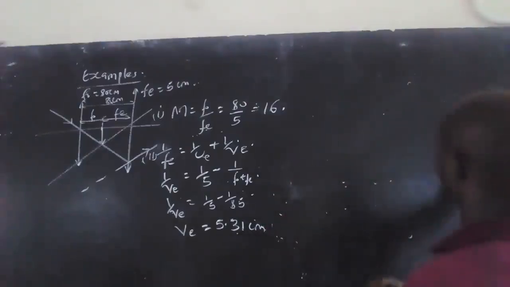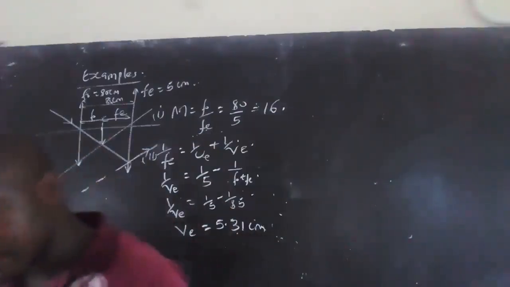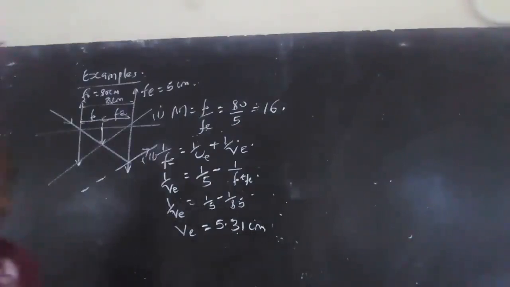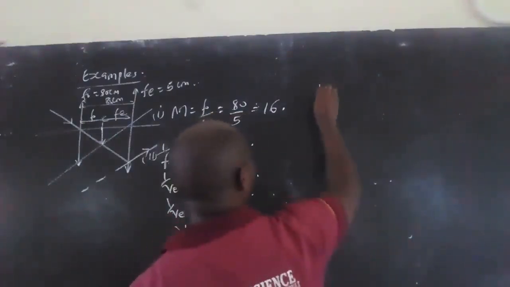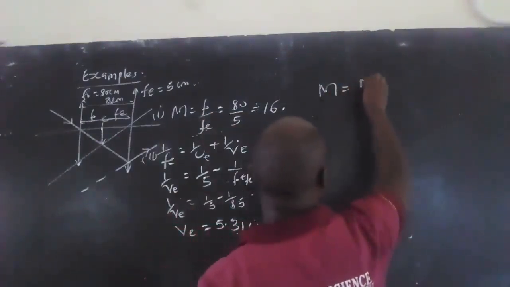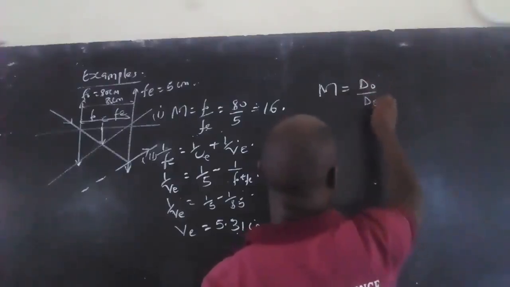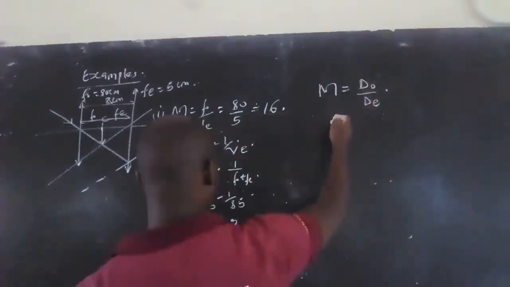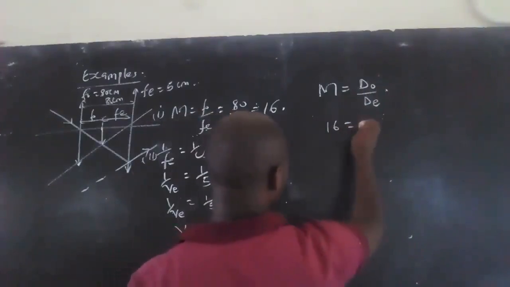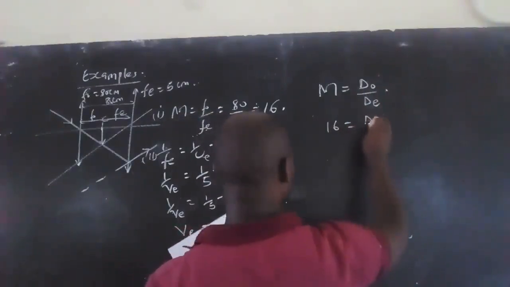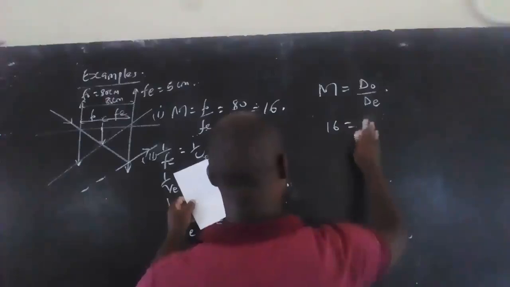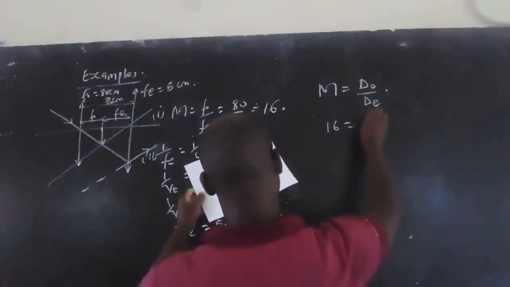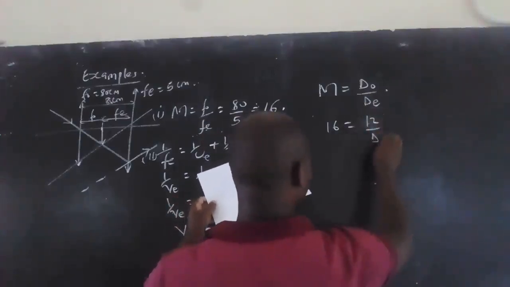Next says, find diameter of eye ring. So magnifying power is equal to diameter of objective over diameter of eye ring. So substitute, magnifying power 16 is equal to diameter of objective, which is given as 12, over diameter of eye ring.